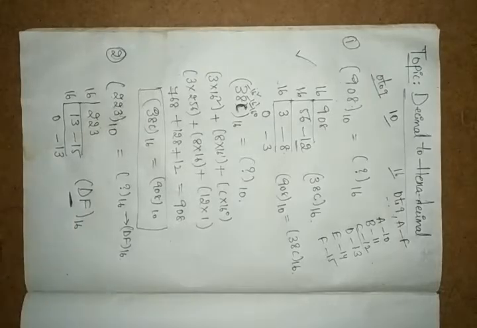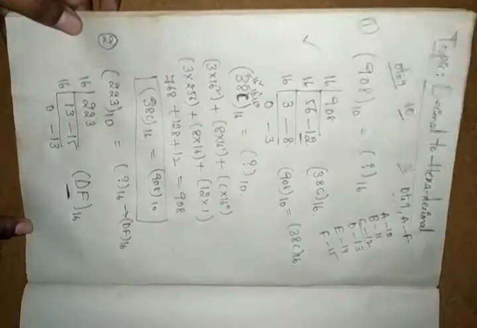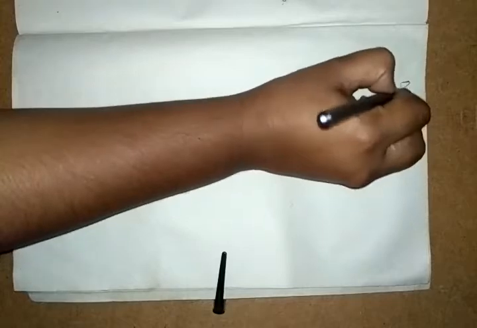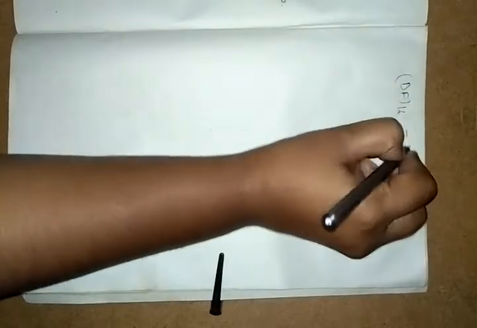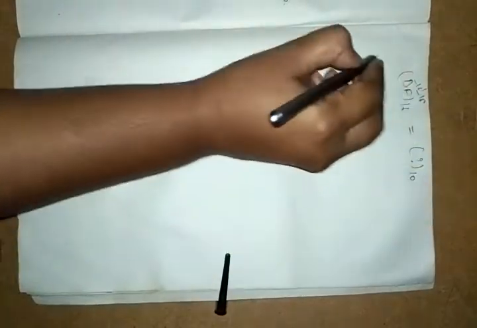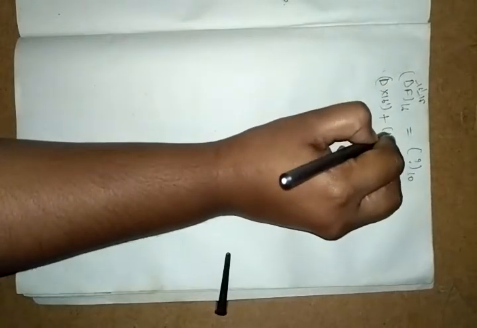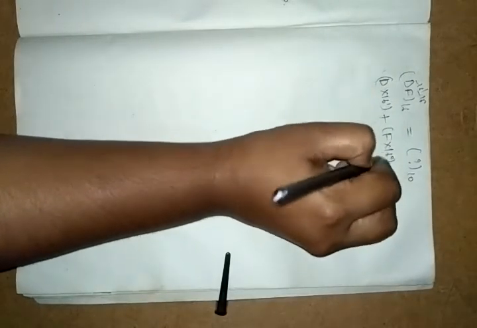Now you can convert this DF base 16 back to 223 for checking purposes. DF base 16 can be converted into base 10 with 16 power 0 and 16 power 1. D into 16 power 1 plus F into 16 power 0.